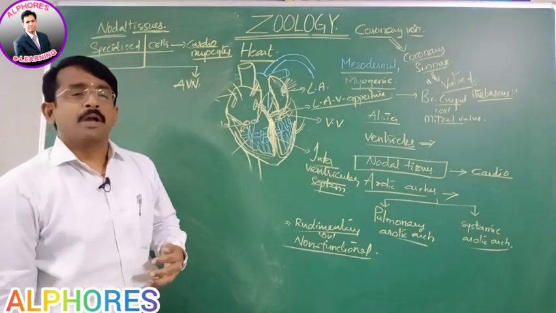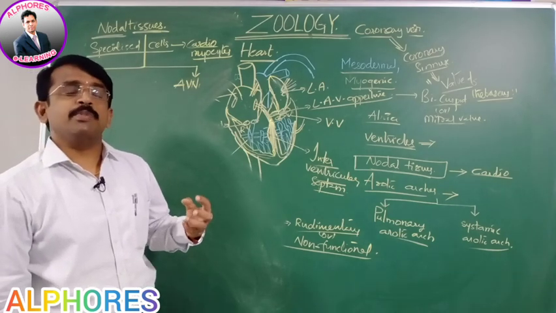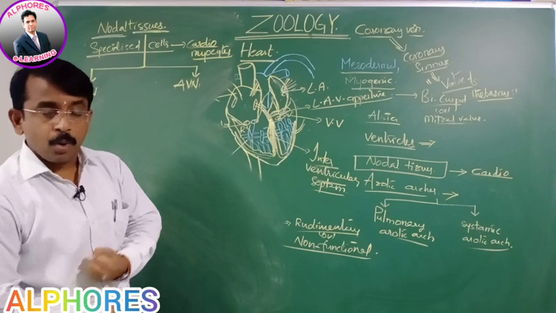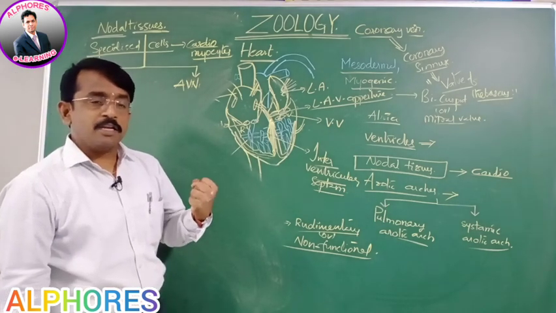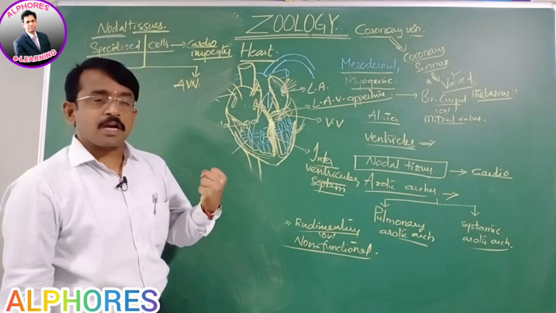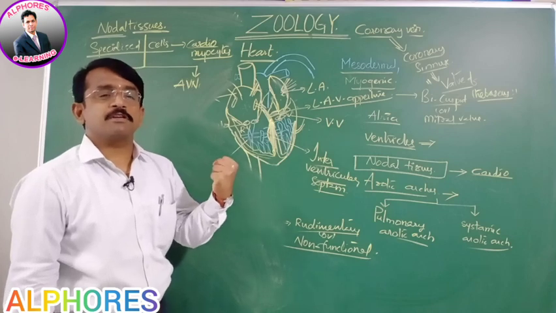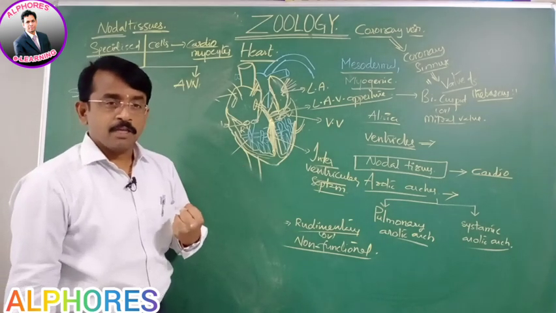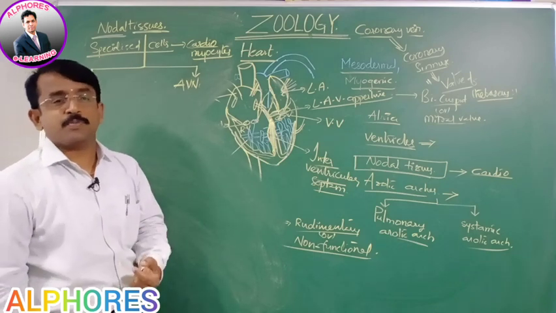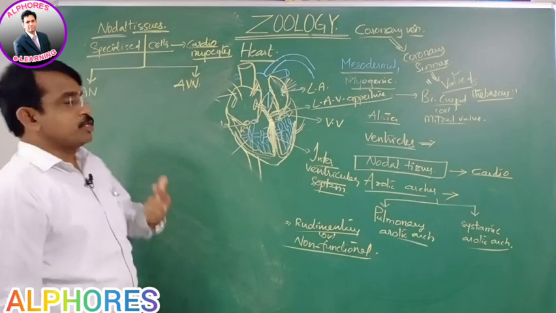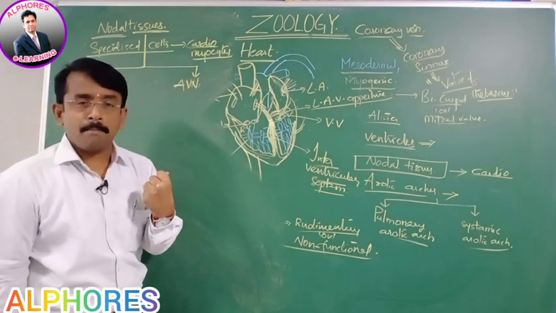Why? We have discussed that the heart of the human being is myogenic. What do you mean by that? It means that the heart initiates the action potential on its own without involving external stimuli. That is none other than by means of cardiomyocytes, a specialized tissue, named the sinoatrial node and atrioventricular node.